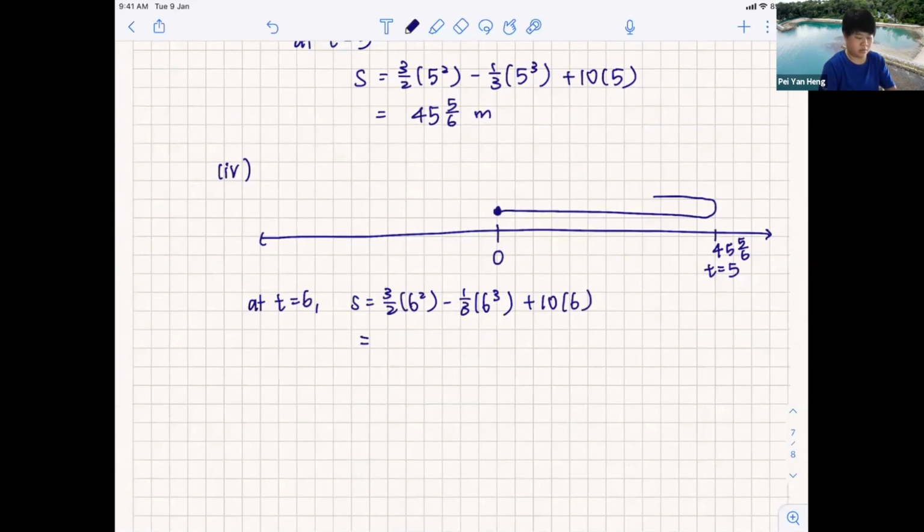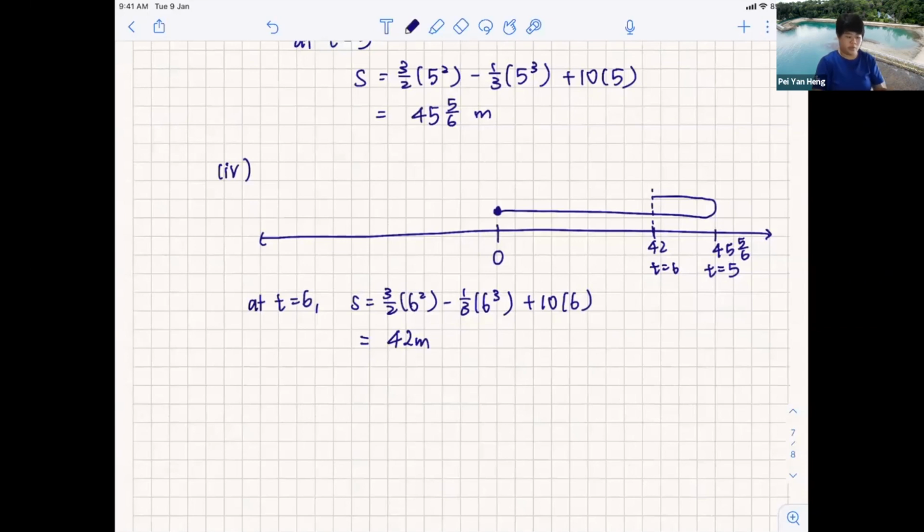The displacement here is 42 meters. So we know at t equals 6, you are here at 42 meters.